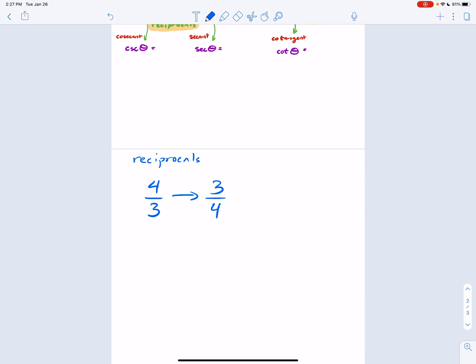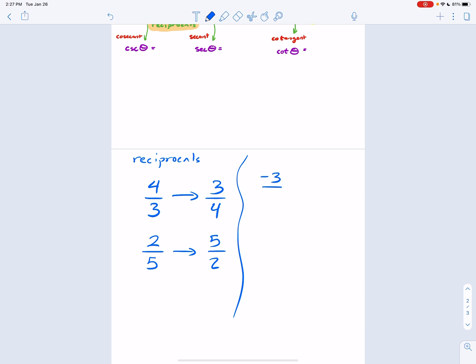Your numerator becomes your denominator, and your denominator becomes your numerator. You're switching places. That is what a reciprocal is. For instance, if I had 2 over 5, the reciprocal is 5 over 2.